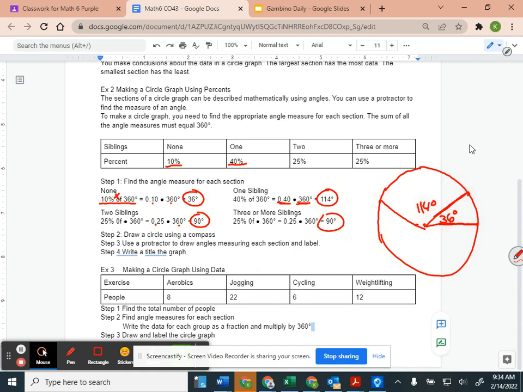So 90 would be a right angle, is 90 degrees. So this is going to be 90 degrees. And my measurements are a little bit off here. So I wonder if my math was off in my multiplying.